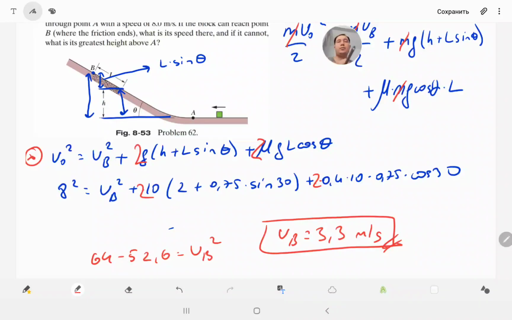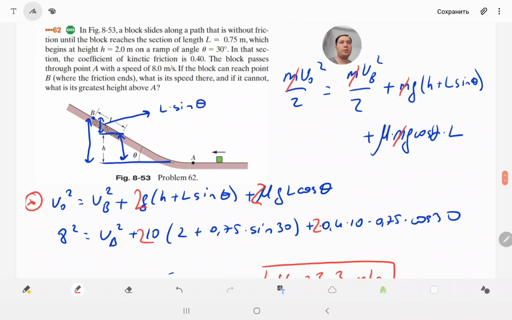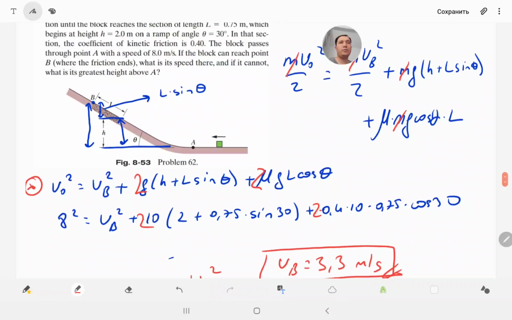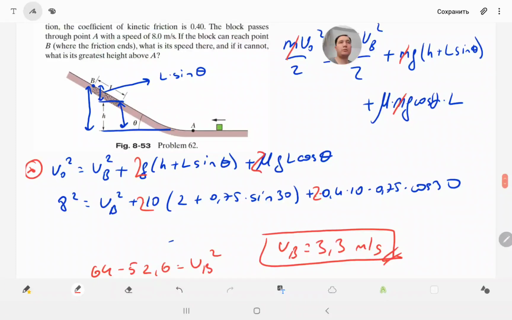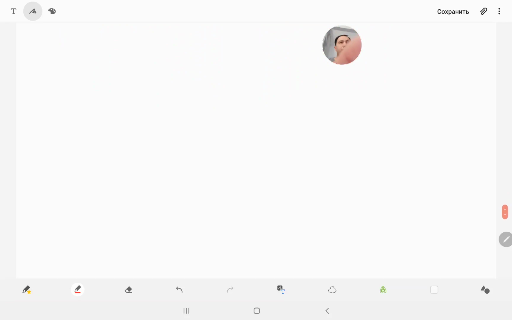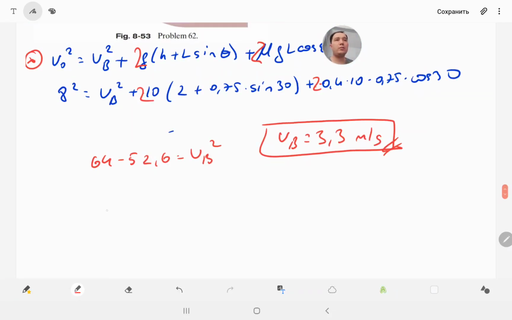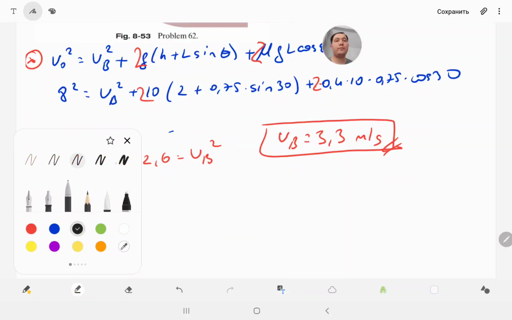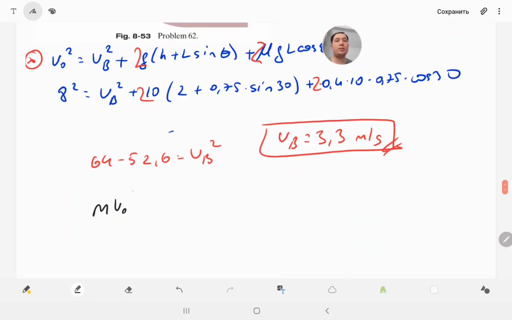So this is how you need to solve. This is how you need to apply conservation of energy. I think that's all. What is its greatest height? How can you find its greatest height? So the greatest height means when the velocity becomes 0 basically. So the initial energy, it has a kinetic energy.